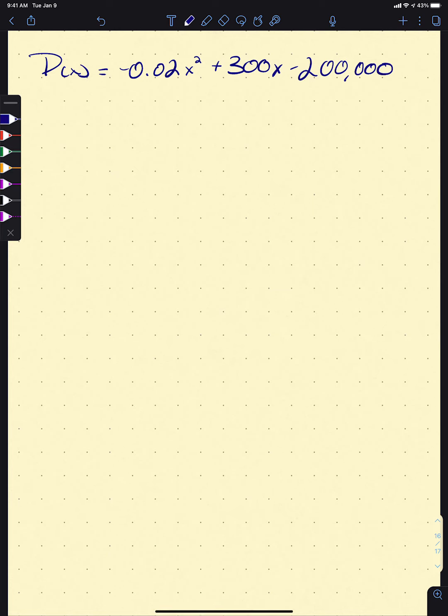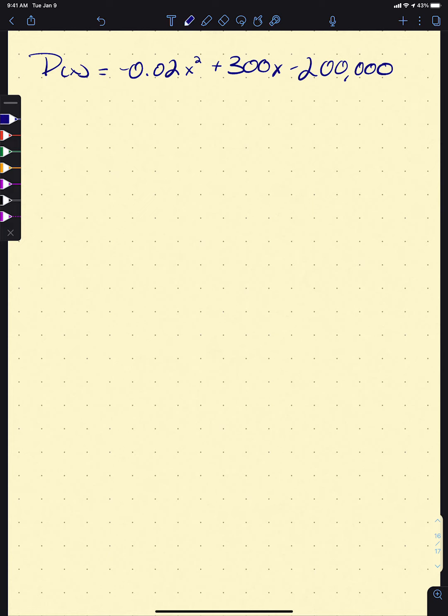You know that this is a parabola, right? You know for sure that it's a parabola. And so you know that since it's a parabola that's facing down, it's got to have a local maximum somewhere, right? The vertex of this parabola.